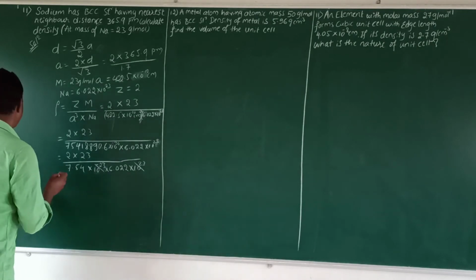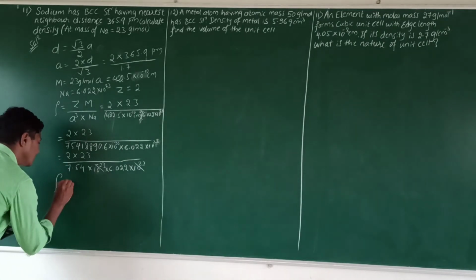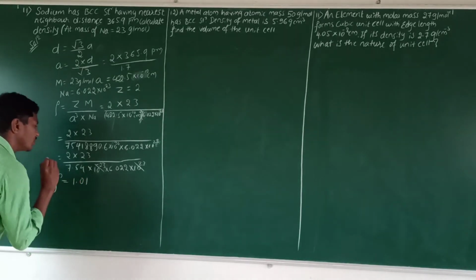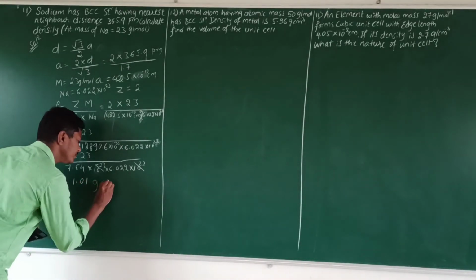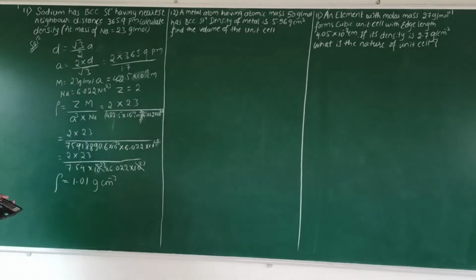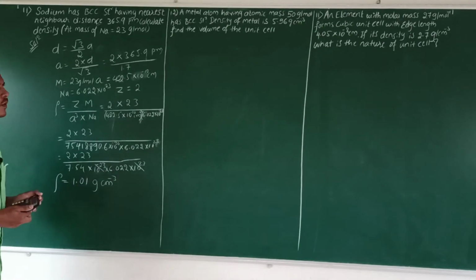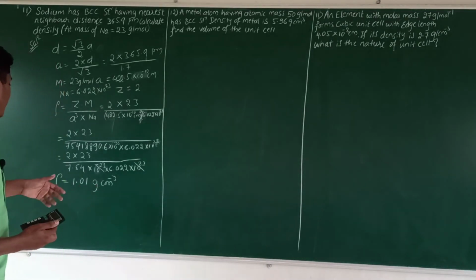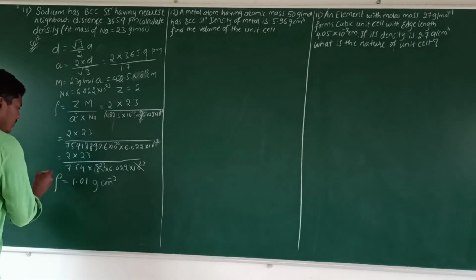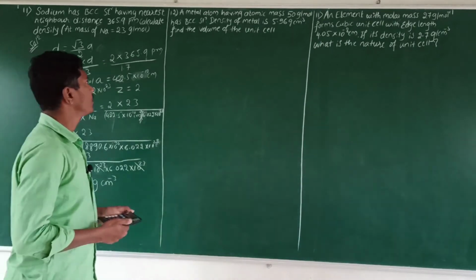Having the density here, density is equal to 1.01 gram per centimeter cube. This is the value for sodium. Sodium density is 1.01 gram per cm cube.